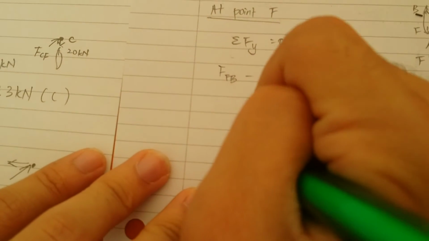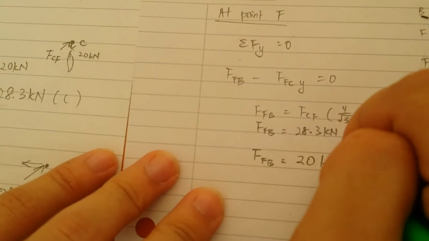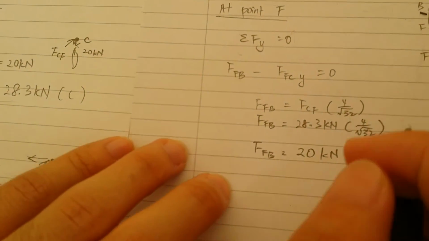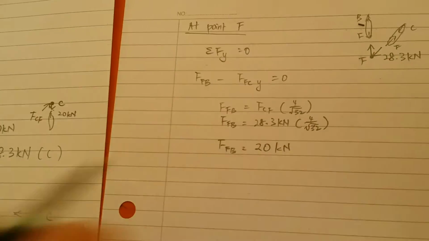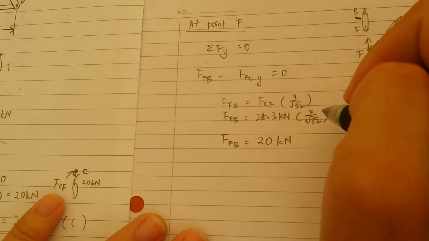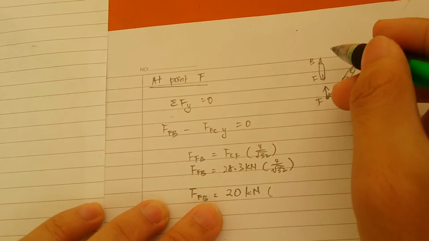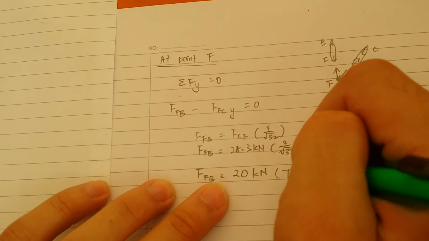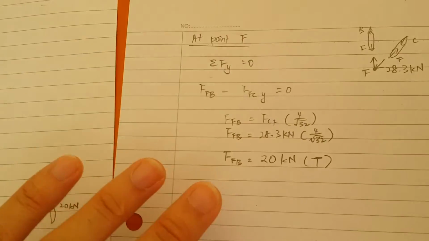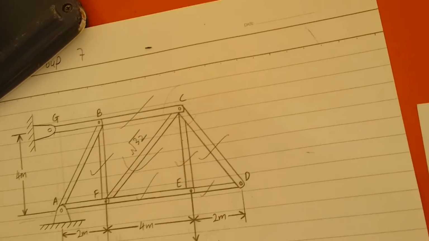The answer will be the same, 20 again, 20 kilonewton. We don't even need a calculator. So is it compressed or tension? Because the answer is positive, our assumption is correct. It is tension.